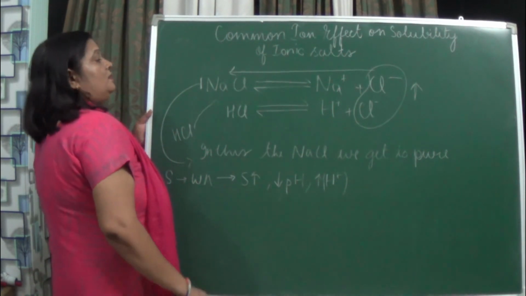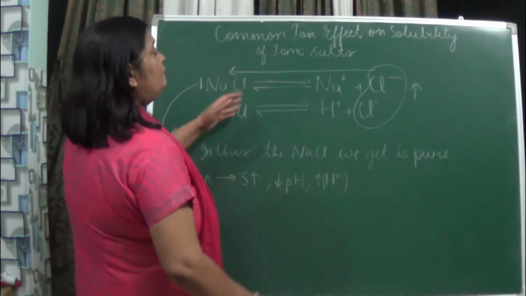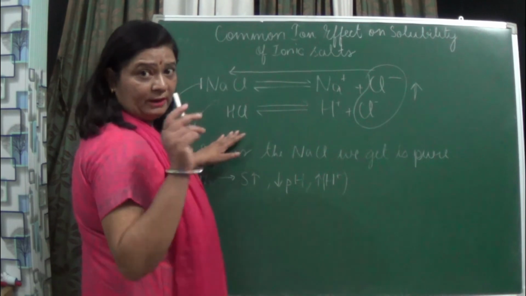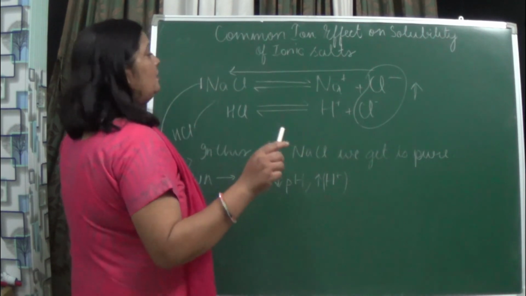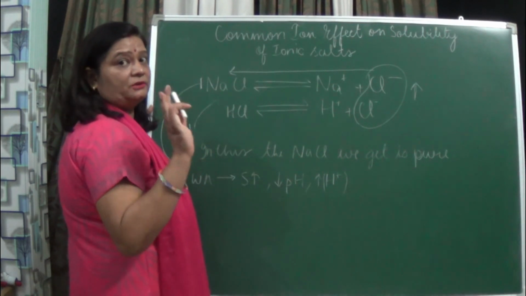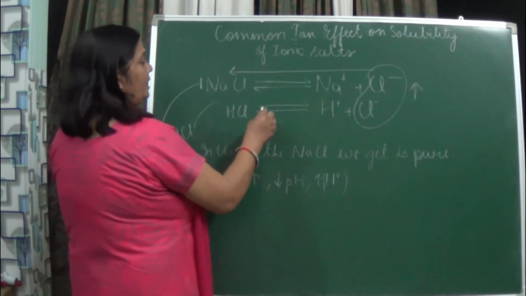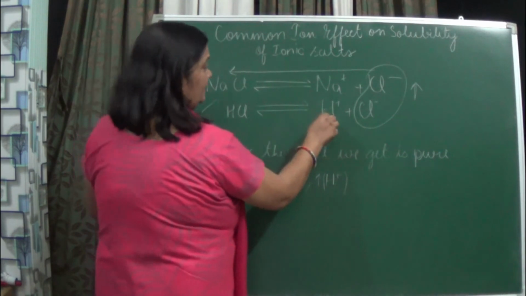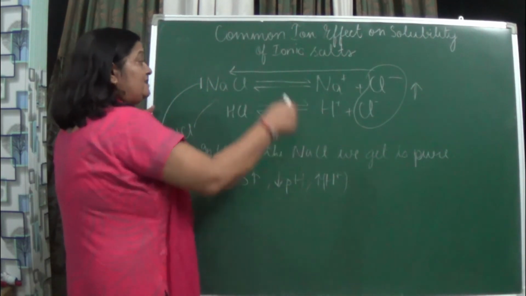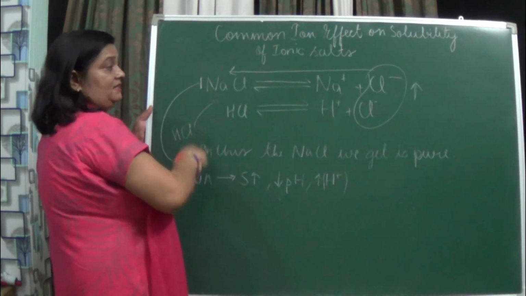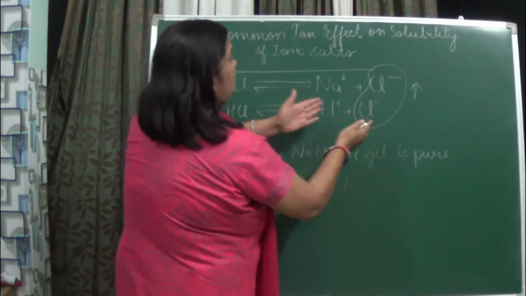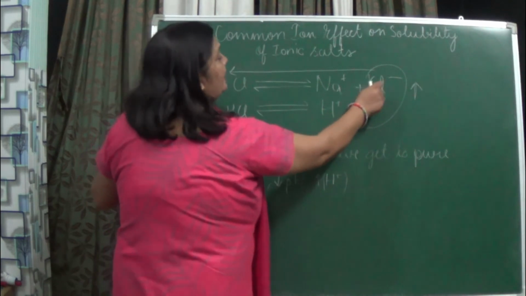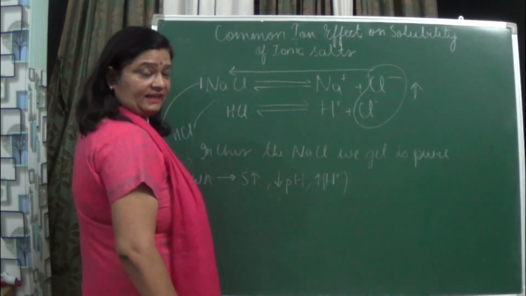Now in this, if we add HCl to it, here also the equilibrium stage is seen, because it can also dissociate into H+ and Cl- ions. As soon as we add this HCl, what happens? On the product side we get a common ion, that is Cl-.